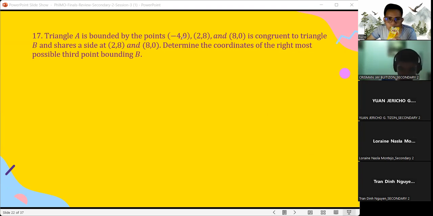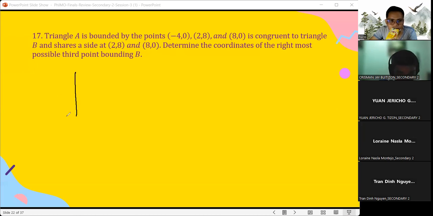Okay, this is triangle A, no? I think this one is an isosceles triangle.